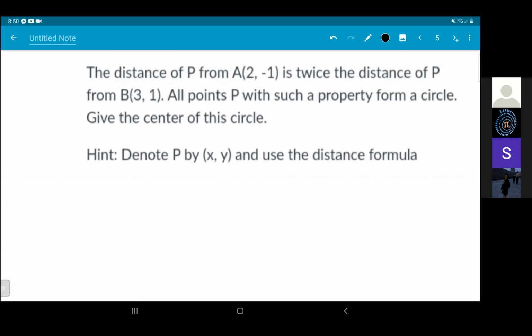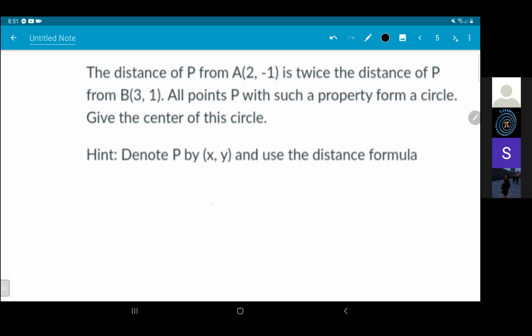All points P with such a property form a circle. So you're just asked to find the center of the circle. Now a hint was given. Denote P by (x, y) and use the distance formula.